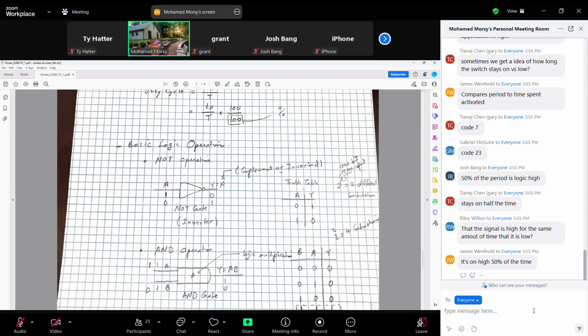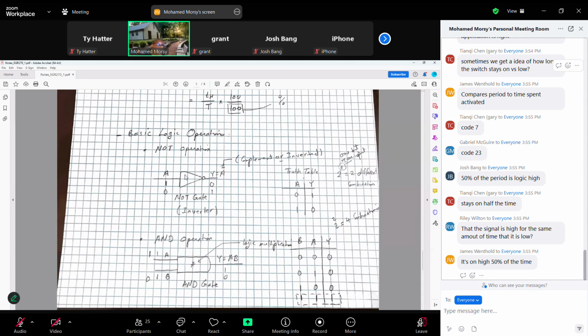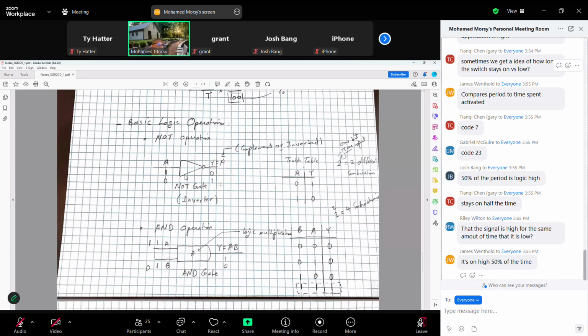Now we'll talk about the basic logic operations, and then in the next classes we'll talk about the rest of all the gates we use, because we need all of them. The first one is called the NOT operation or inverter.